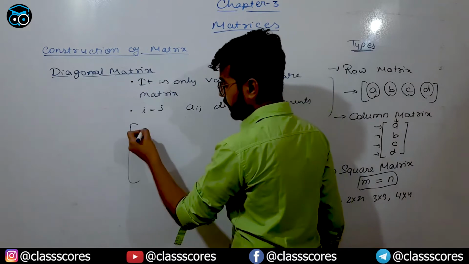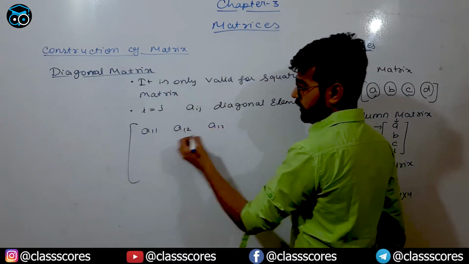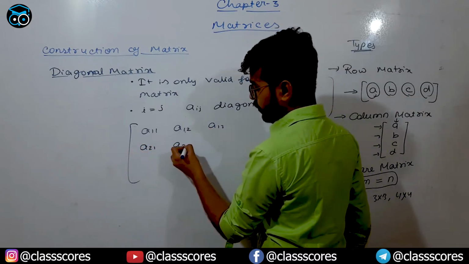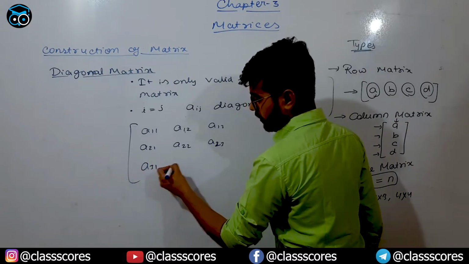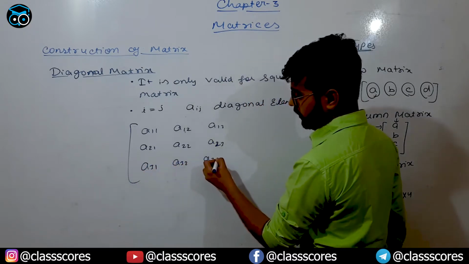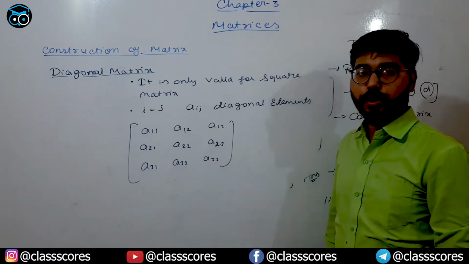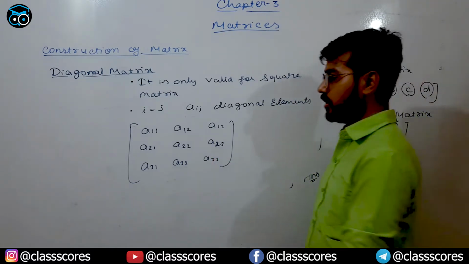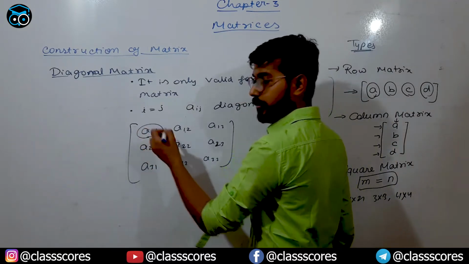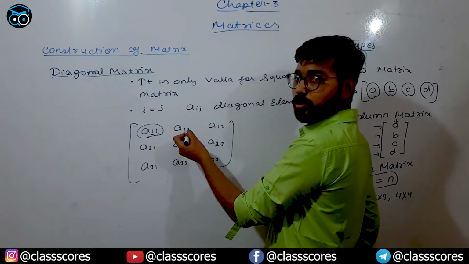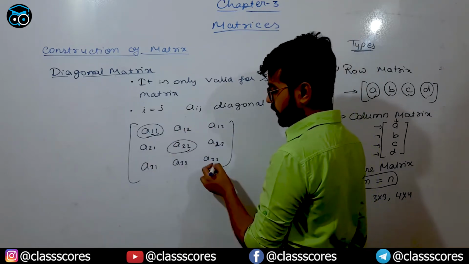Suppose a matrix is given a11, a12, a13, a21, a22, a23, a31, a32, a33. Now in this matrix we need to identify which one is diagonal. So we can say here 1 is equal with 1, so this is the element of diagonal. 1 is not equal to 2, means this is not the part of diagonal. Similarly this and this.